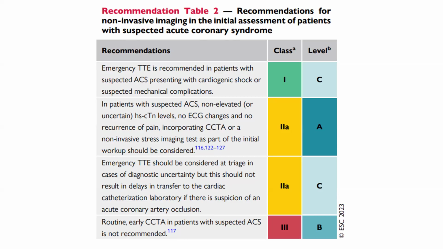Emergency TTE should be considered a triage in cases of diagnostic uncertainty, but it should not result in delays in transfer to the cath lab if there's suspicion of an acute coronary artery occlusion. Routine early coronary angiogram in patients with suspected ACS is not recommended. You have a patient with suspected ACS, we are pushing for a CT coronary angiogram. You should use it in the right context as described above, and not necessarily doing it routinely.